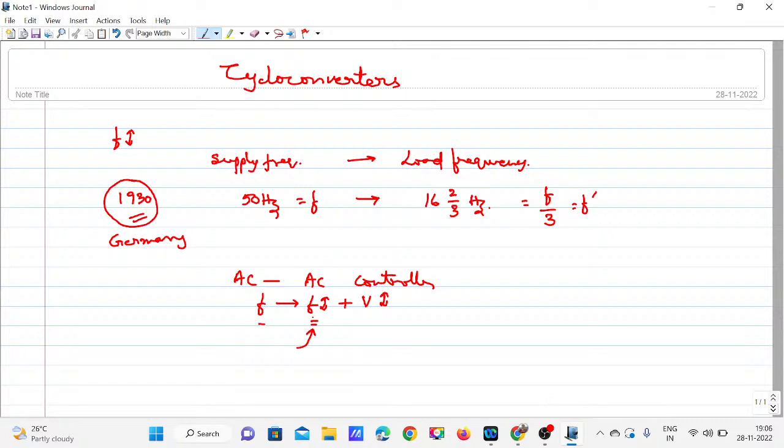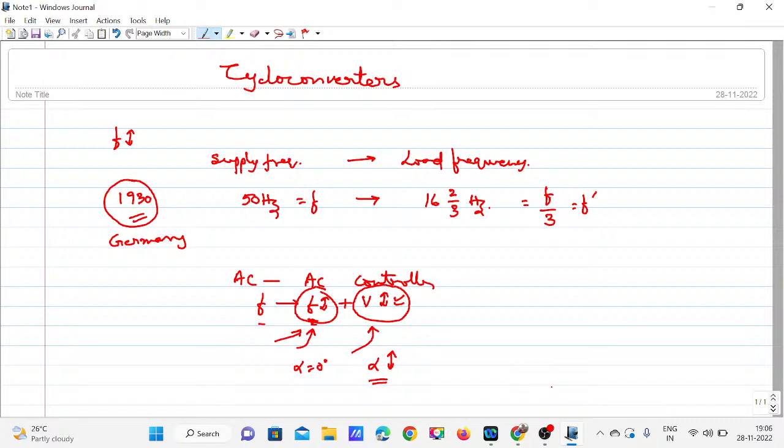The voltage can be varied by changing alpha; if alpha is 0 degrees you get the change in frequency, and at different values of alpha you get the change in voltage also. So this is the main advantage of a cycloconverter.